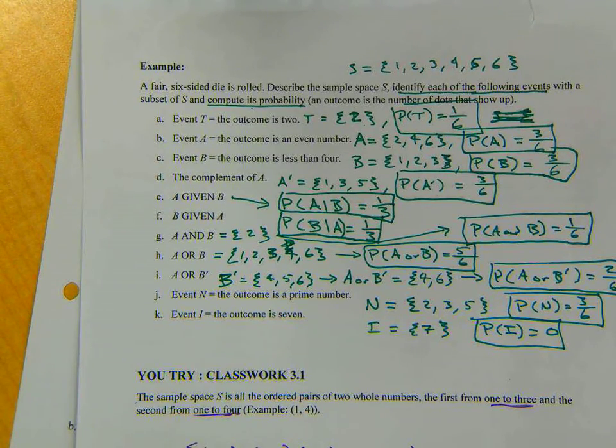I'm given B, I have 3 things in B, so I'm counting them up. That's my denominator. The tricky part is finding that numerator. So how many things are there in A that are also in B? Just that 2. Just one thing. Done. That's mine.